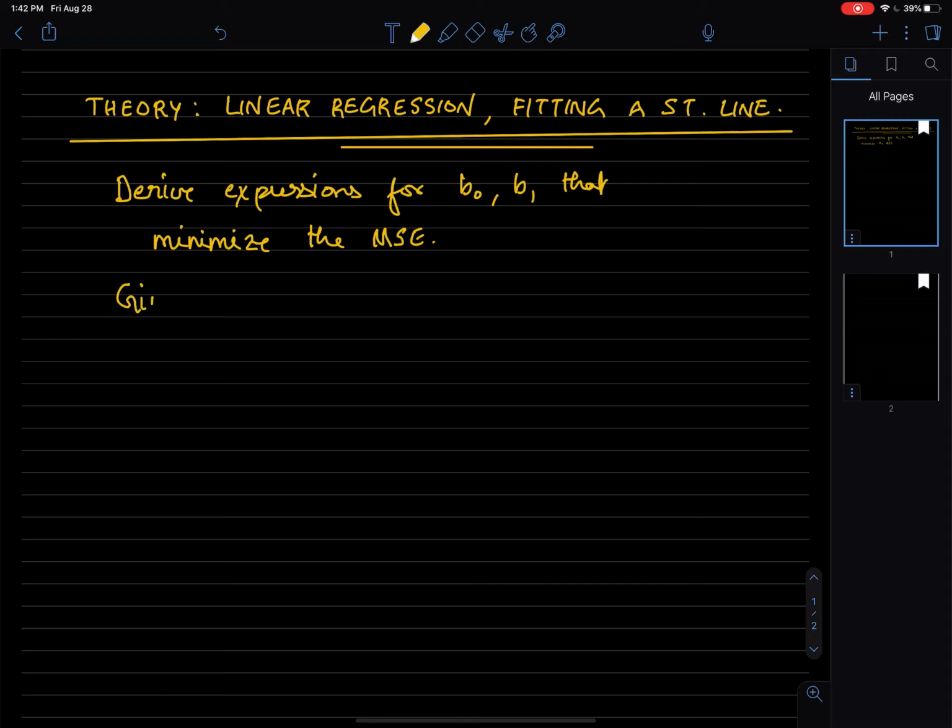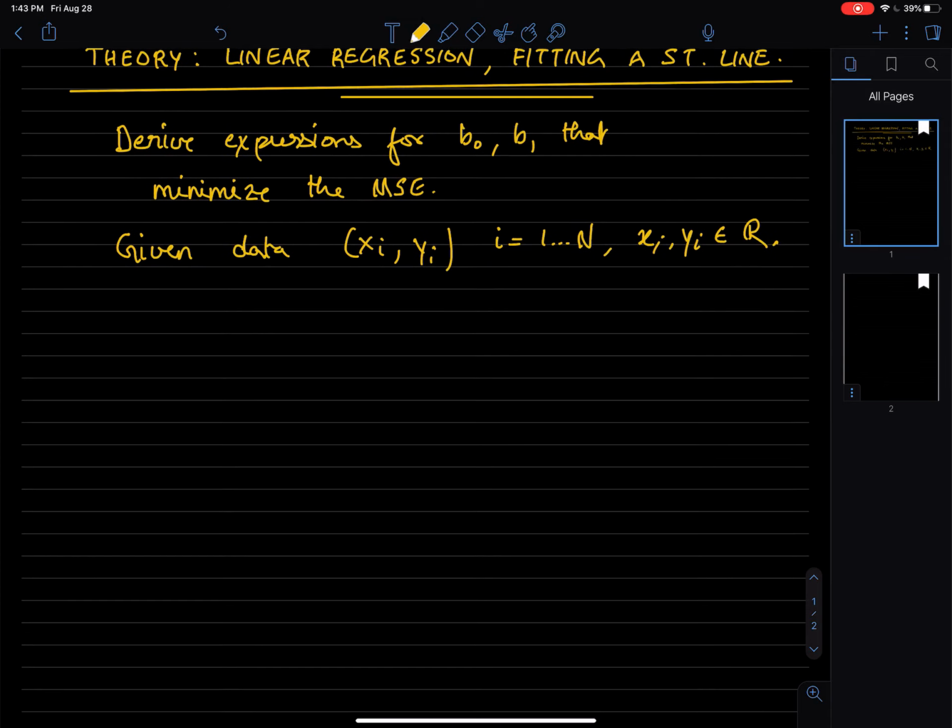So given data, like we did last time, xi, yi, i equals 1 to n, and xi, yi in R, set of real numbers.